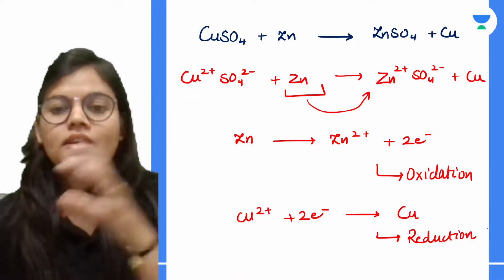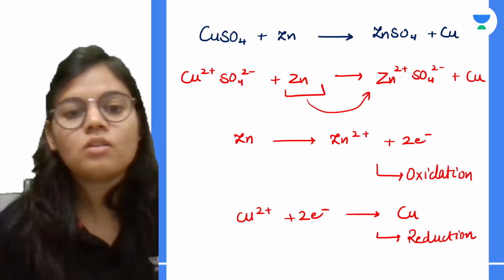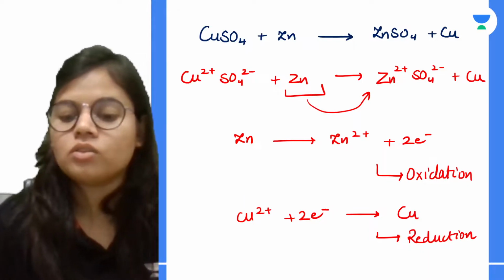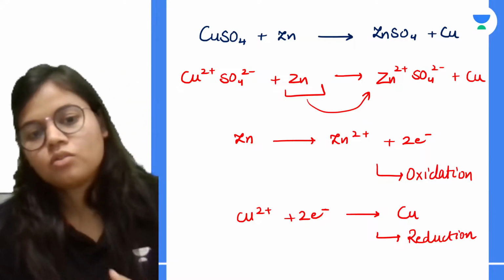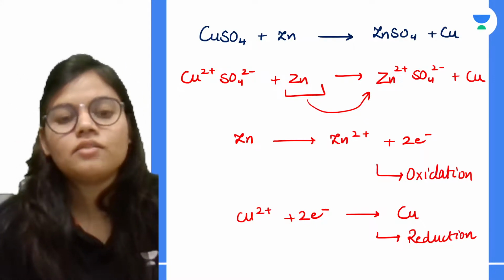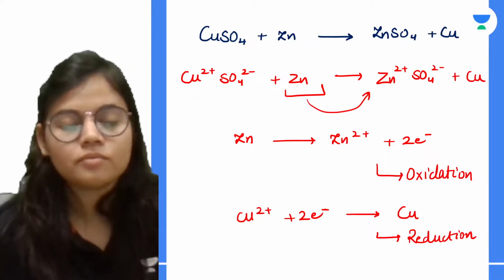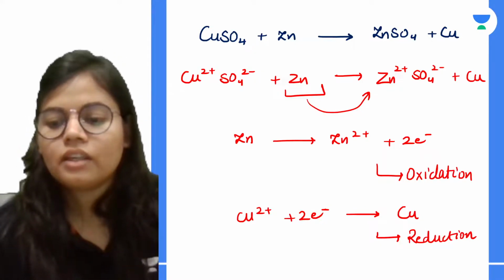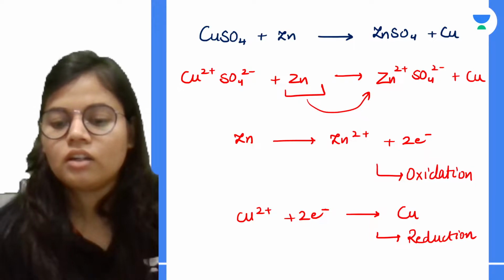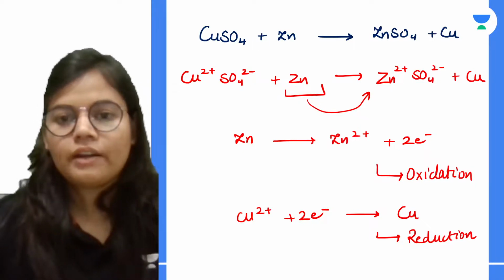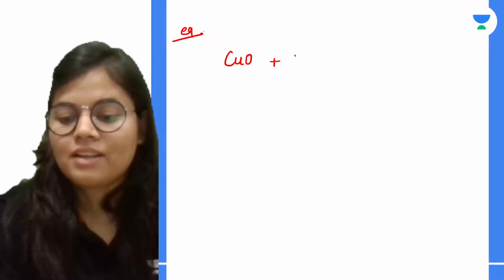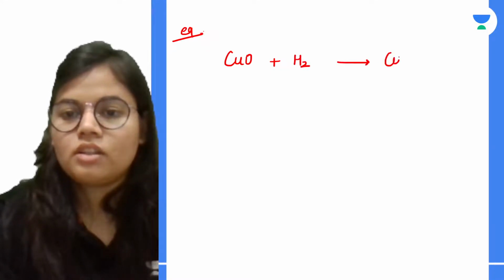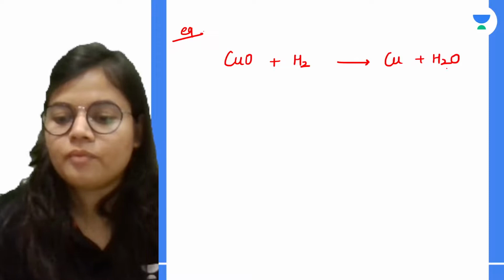So in one same reaction, oxidation is also happening and reduction is also happening. So oxidation and reduction always go side by side, and hence we call it a redox reaction. Clear this thing? I guess it's very clear. Let us take one more last example of copper oxide. CuO plus H2 gives Cu plus H2O.